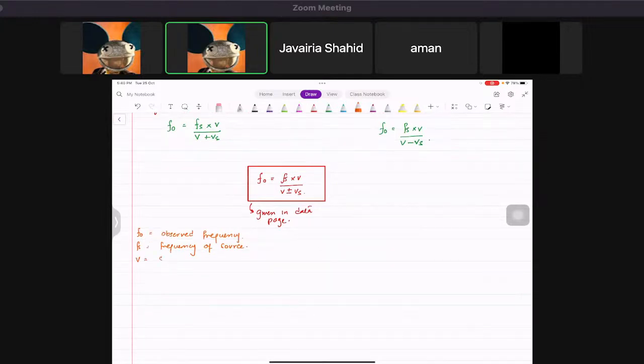V is the speed of the wave. So whatever wave it is, if it's sound, it's around 300 to 350 in air. If it's light, it could be 3.0 times 10 raised to 8. It could be any wave. Vs would be the speed of the source. I mean whatever is producing this sound, how fast it is moving. Is it clear, everybody? Any questions?